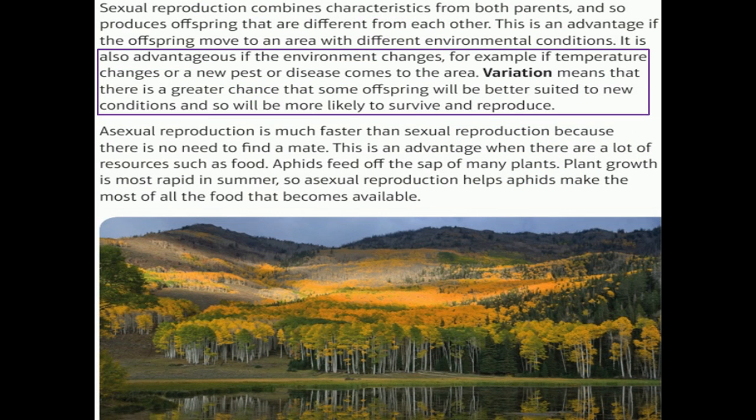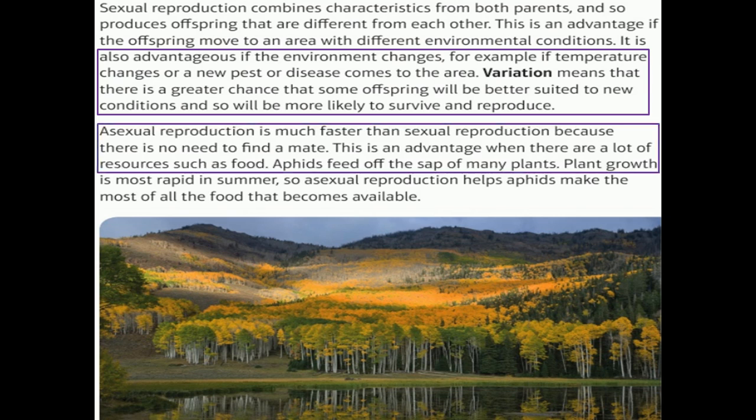So to summarize, if the environment changes, such as a change in the temperature or a new pest or new disease, it is an advantage to have genetic variation because some of those genetic variants will be better suited to the new condition, and this increases the chances of survival.